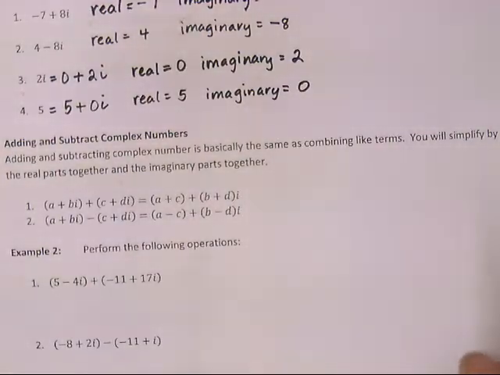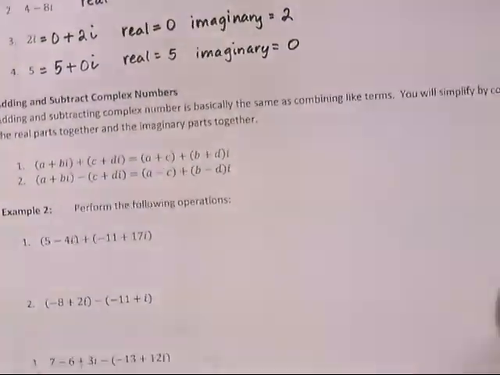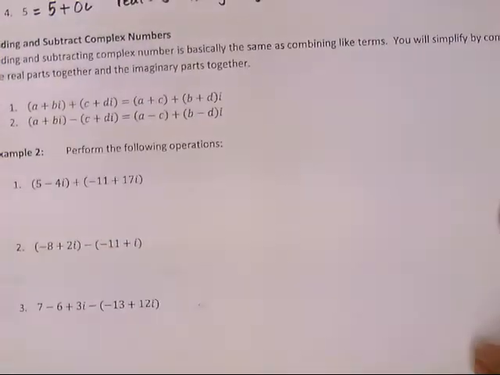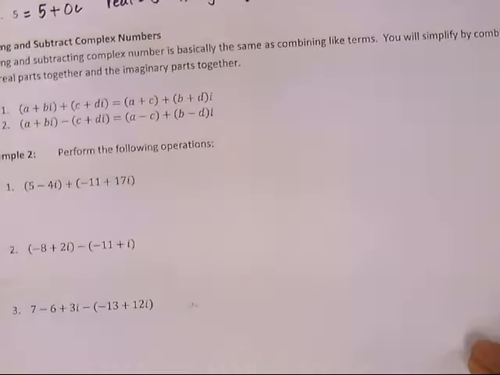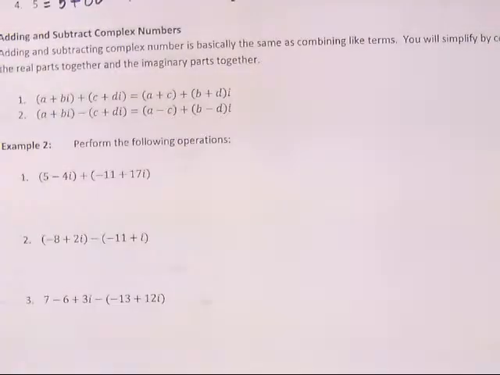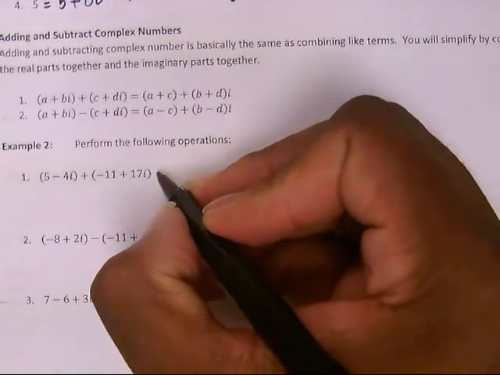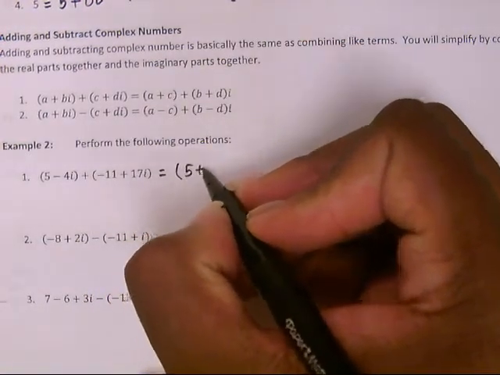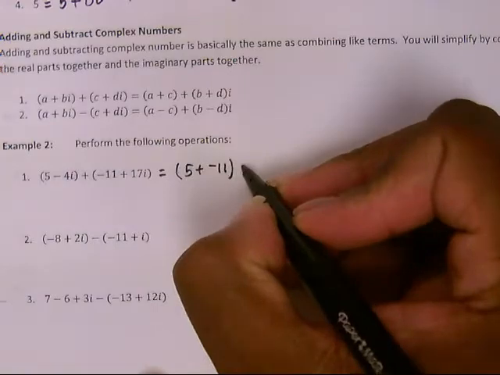Alright, so in these few examples, we're going to look at how we can add and subtract complex numbers here. Now in this case here, for number 1, we got 5 minus 4i plus negative 11 plus 17i. Well, I'm just going to group the real parts together. So here I'm going to have 5 plus negative 11.